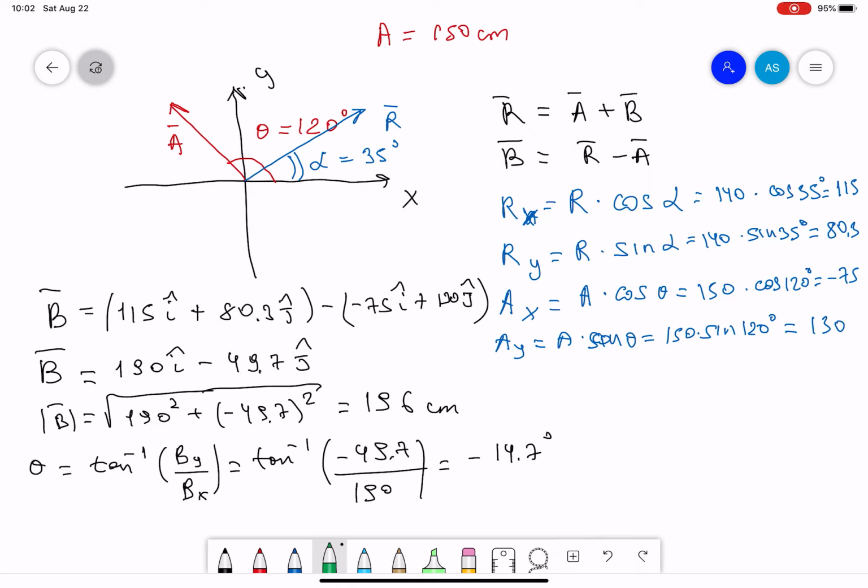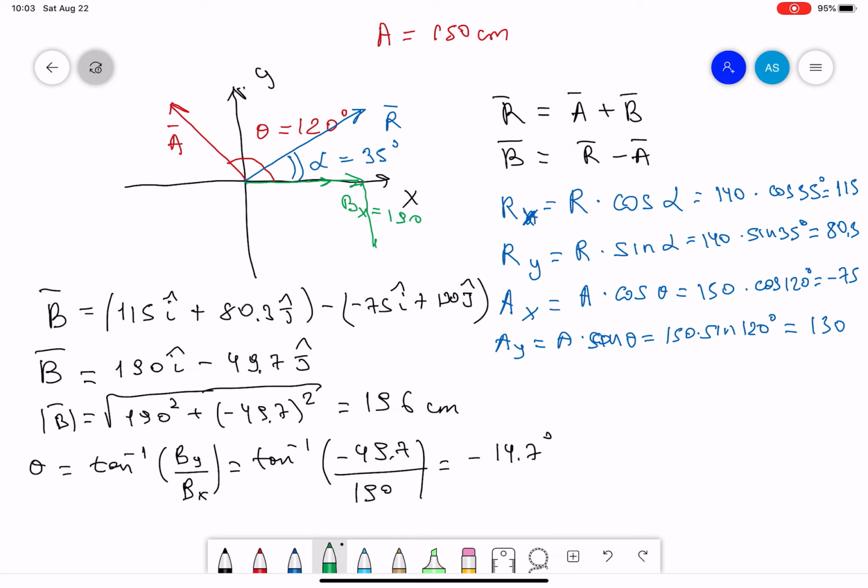Our B vector has an X component, so let's say this one is the Bx component. I have to draw it longer. Bx component was equal to 190. Then the By component is minus 49.7, right?